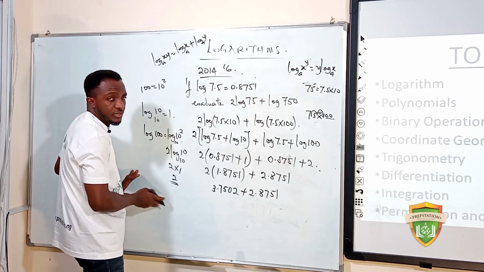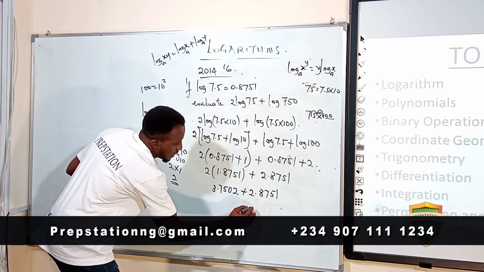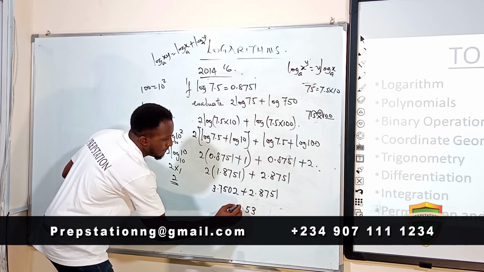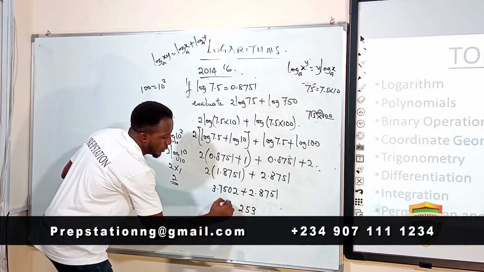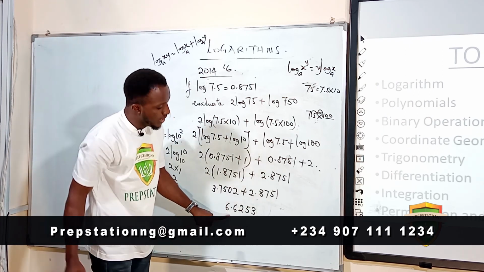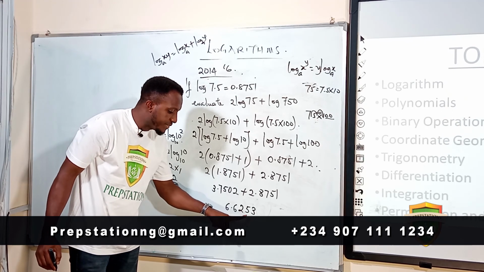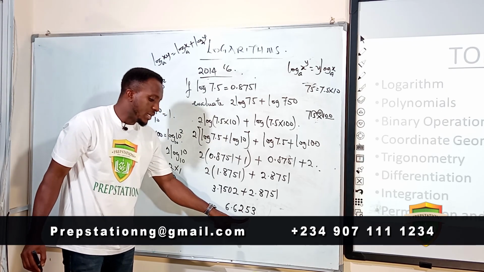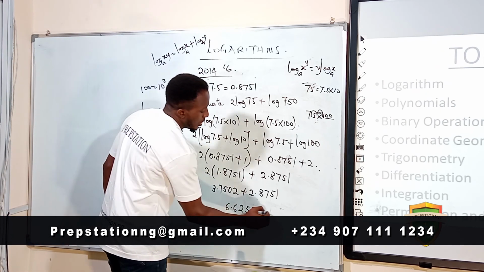Now this would give you 6.6253. Now that is option D.